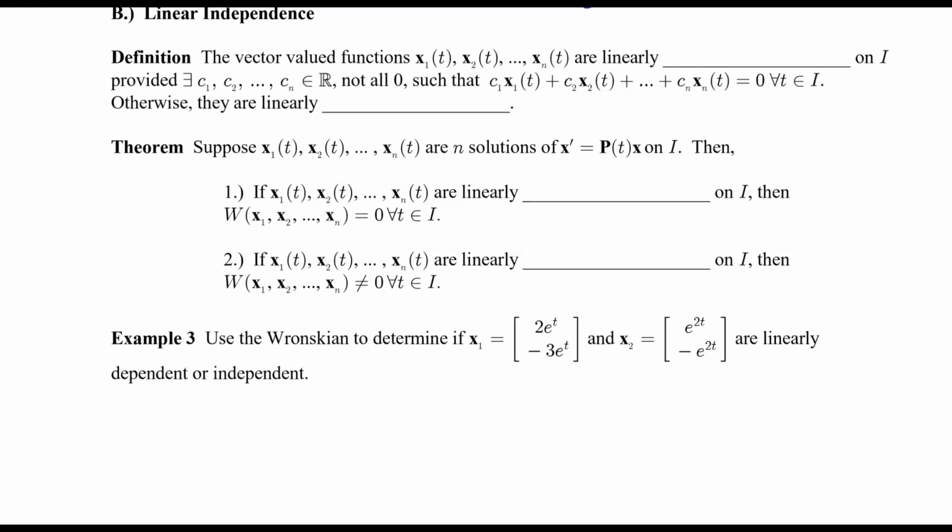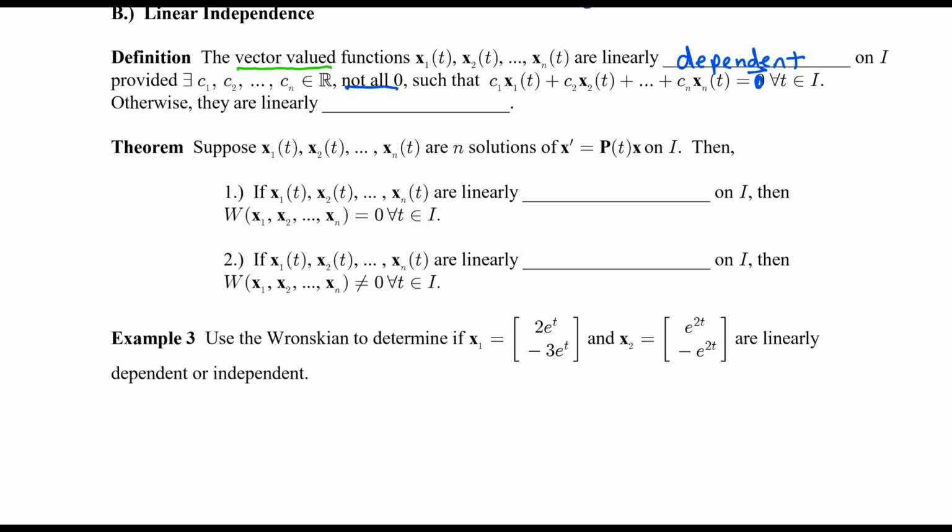The vector-valued functions x sub 1 of t, x sub 2 of t, up to x sub n of t, vector-valued functions, these are column vectors or n by 1 matrices, are linearly dependent on some interval I, provided there exist constants c sub 1, c sub 2, up to c sub n in the real numbers, not all 0, such that the linear combination c sub 1 x1 plus c sub 2 x2 up to c sub n x sub n equals 0 for all t in I. That should be the bold 0 vector right there.